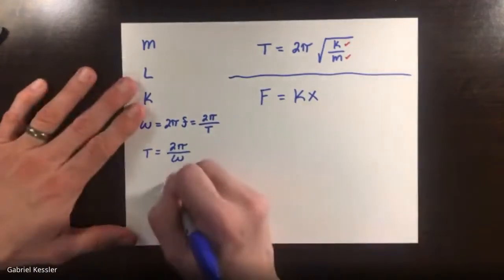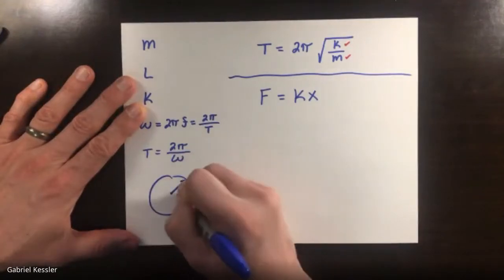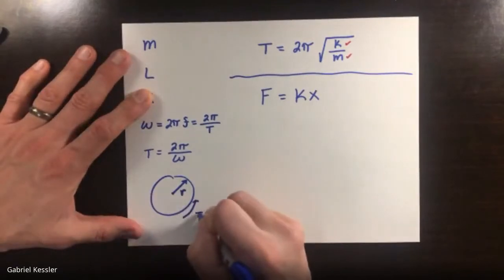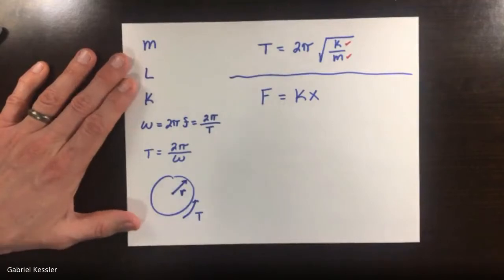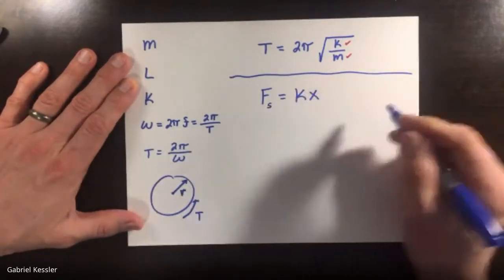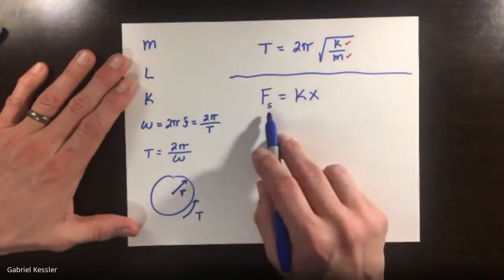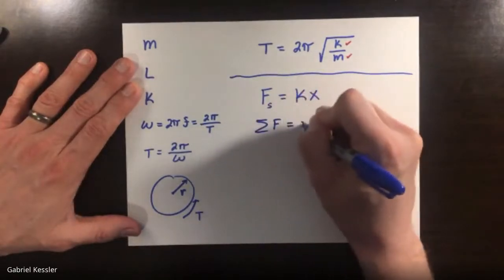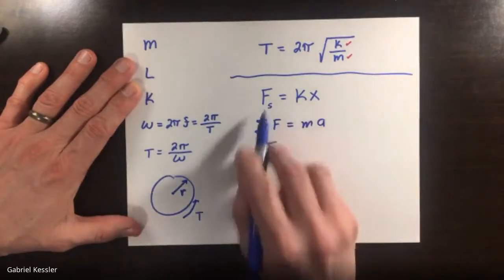Well, since it's going in a circle, it has a radius, and that circle also has a period as it goes around. So that's where period shows up again. Okay, so the spring force is equal to kx. As it goes in a circle, that spring force is supplying a centripetal force. So if you look at net force equals mass times acceleration, the spring force is supplying the centripetal force.